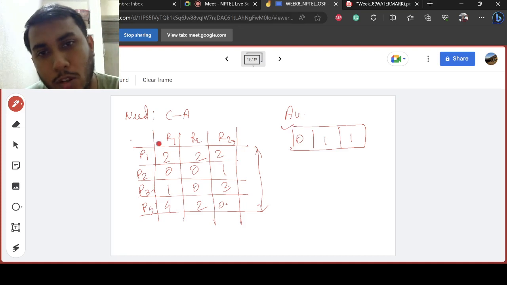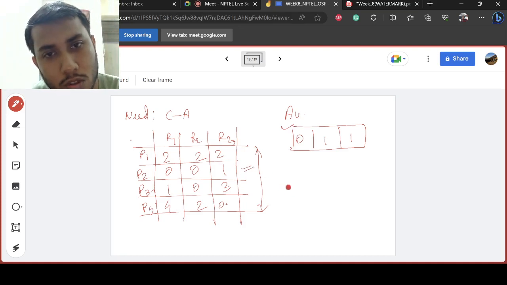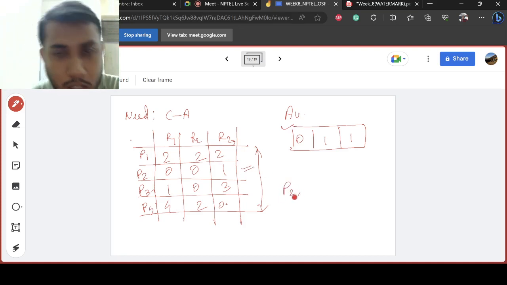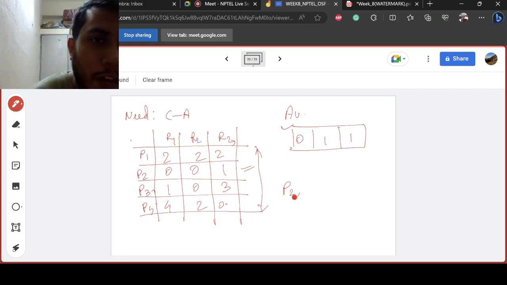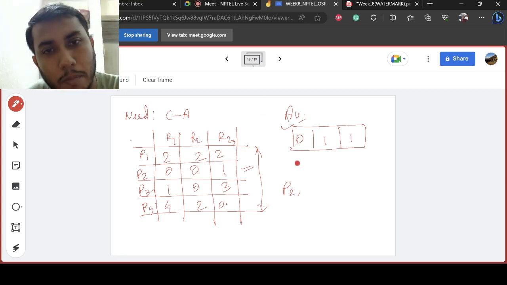You will check that P2 will complete first. P2 requires only one instance of R3. We'll use this and complete.